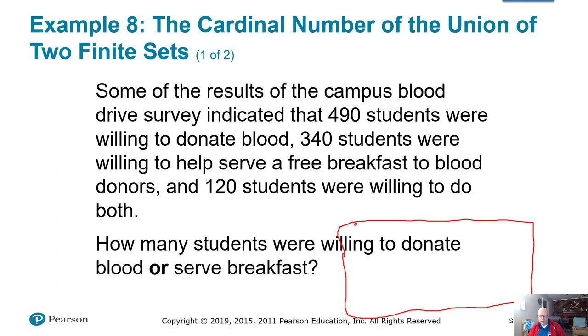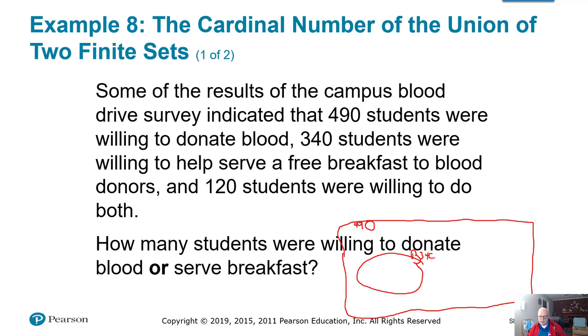Those are the 490 students. Make that a 9. There we go. Now it says 340 were willing to serve a free breakfast. So maybe make this B for breakfast. Sorry about the writing.